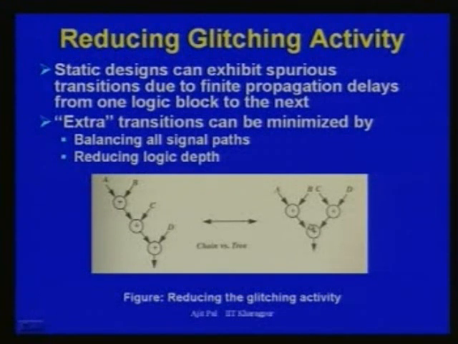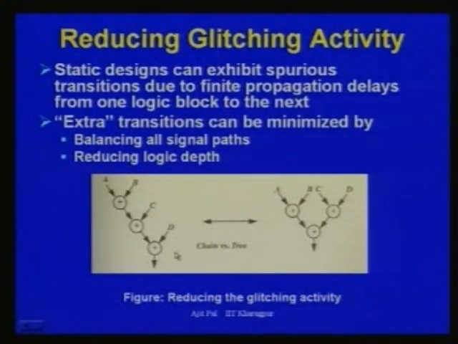Similarly, these two inputs are reaching at the same time, so there will be no glitching power dissipation. So by balancing the circuit, the glitching power dissipation can be minimized. So not only do you have to consider the functionality of realizing the particular function, you have to realize it in a balanced manner, so that the glitching power dissipation is reduced.